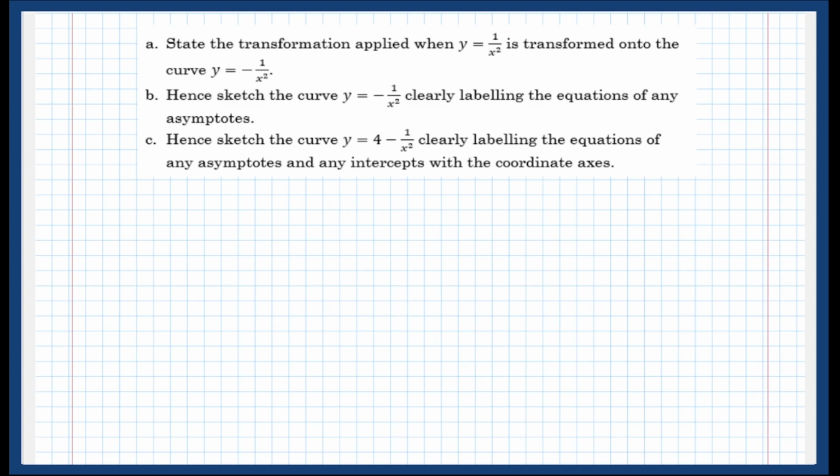But here's my answer. I can see here that the minus has been attached to the function on the outside of it. If we'd attached the minus on the inside, then it would have said y equals 1 over, and we'd replace the x with a minus x. We'd attach the minus directly to the x inside the function, like that. So that would be the equivalent inside transformation of attaching a minus.